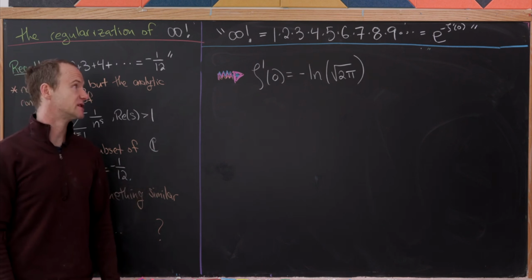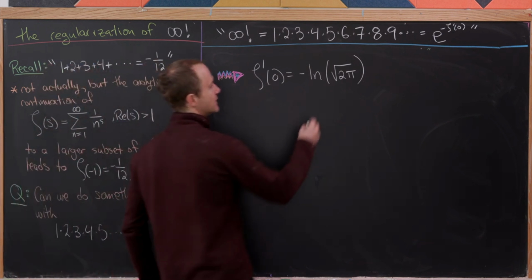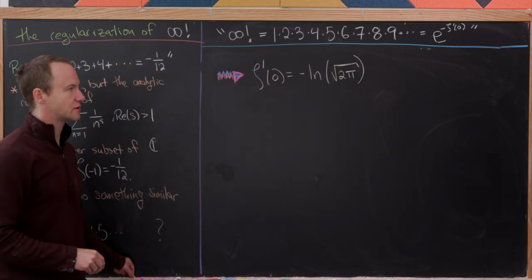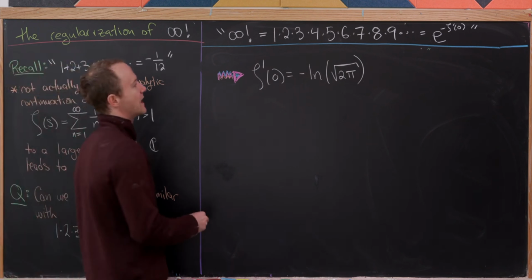and that is zeta prime of 0 is minus natural log of the square root of 2 pi. Okay, well, that's cool. And now where can we go from there?